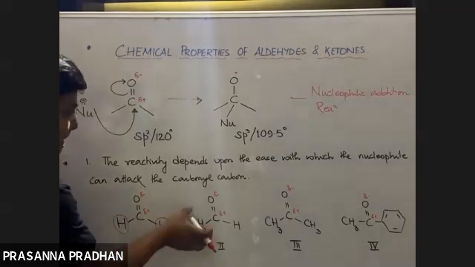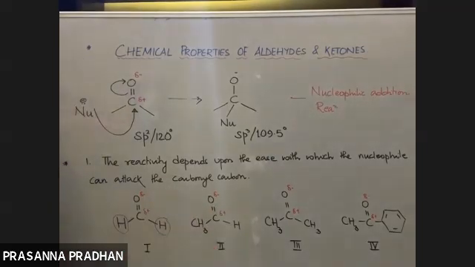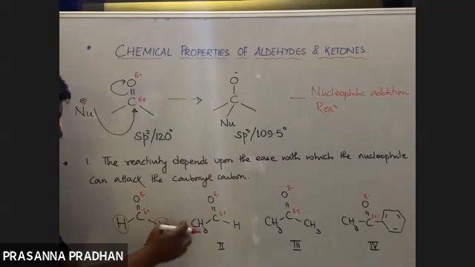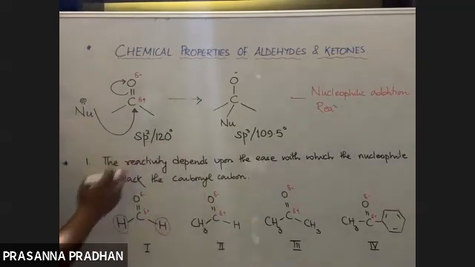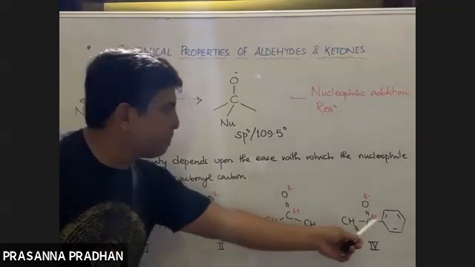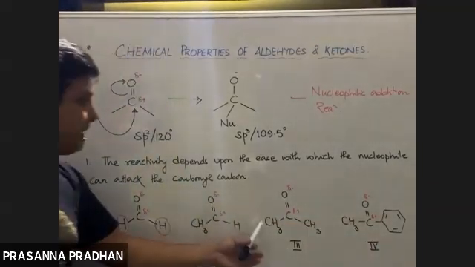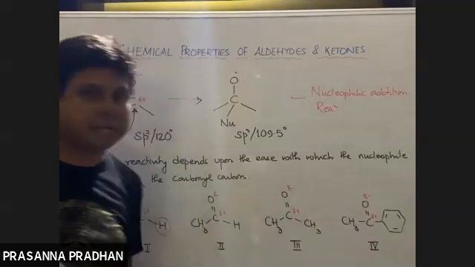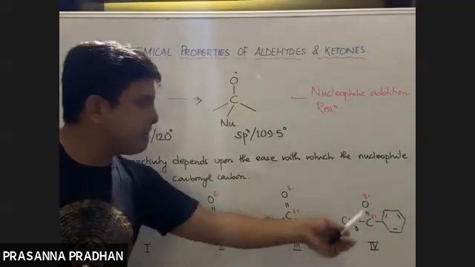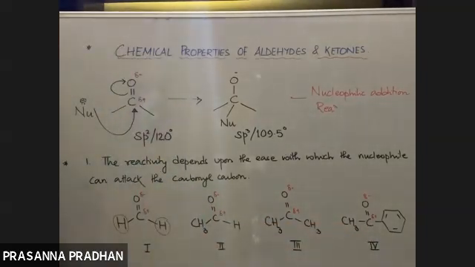But as the size of the alkyl group increases, what will happen? It will become more difficult for the nucleophile to attack this carbonyl compound. That means as the size of the group increases, with the increase in steric hindrance, the reactivity towards nucleophilic addition decreases.